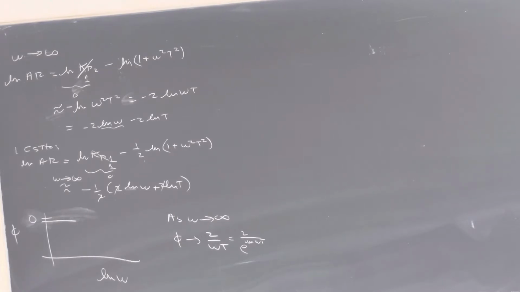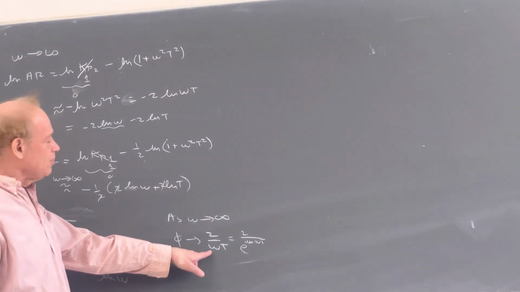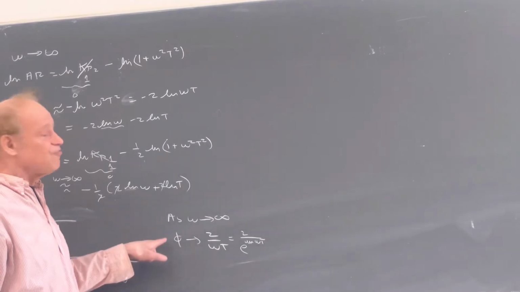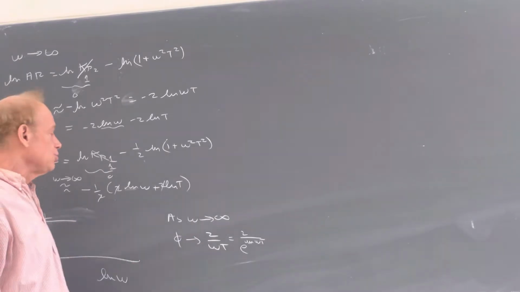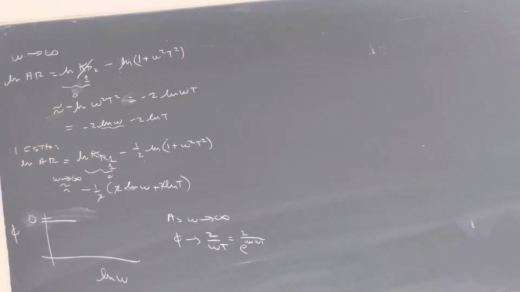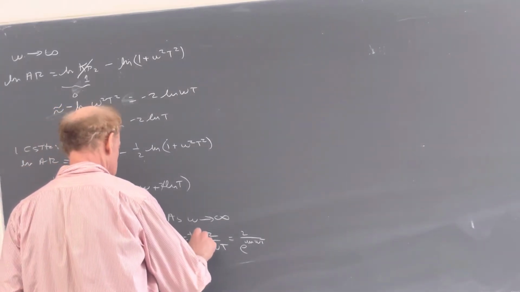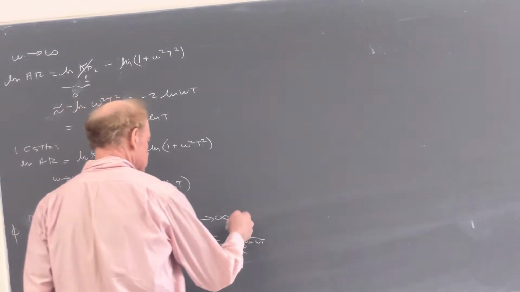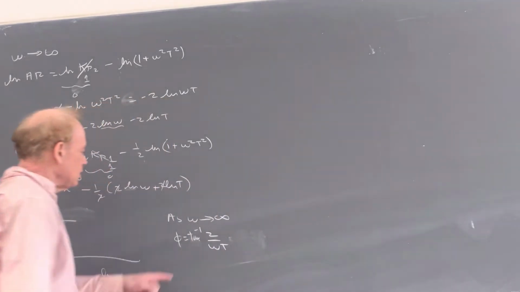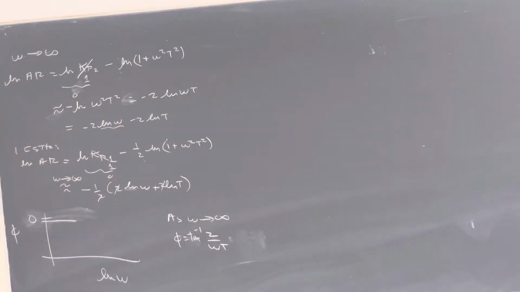Okay, so what happens as omega goes to infinity? When omega goes to infinity, phi looks like it should go to the arctangent of 0. But the arctangent of 0 would say it goes back up to 0.